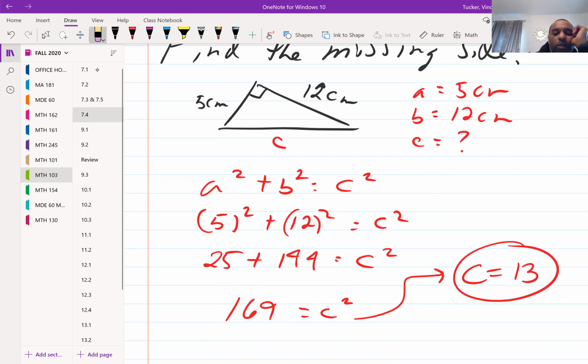And so what we would come down to is 169 equal to C squared. And then if you were to take the square root of both sides to get the square off of that C, we will have C equal to 13.